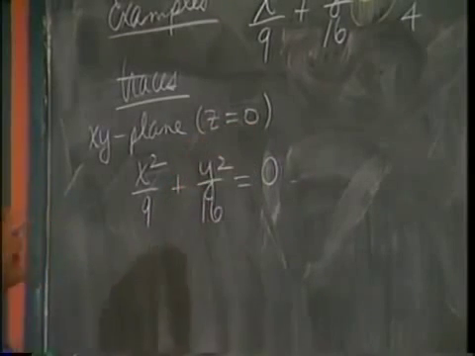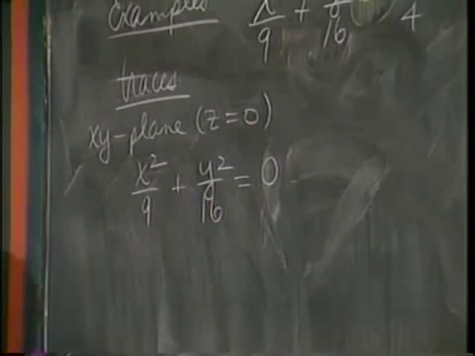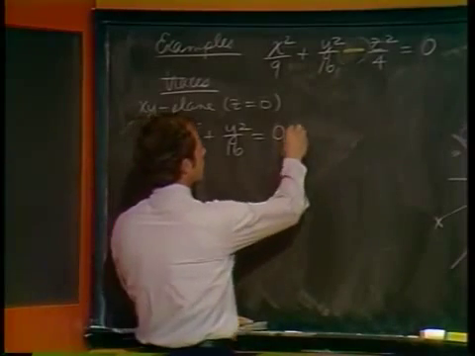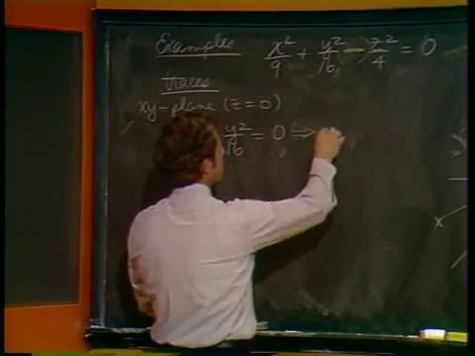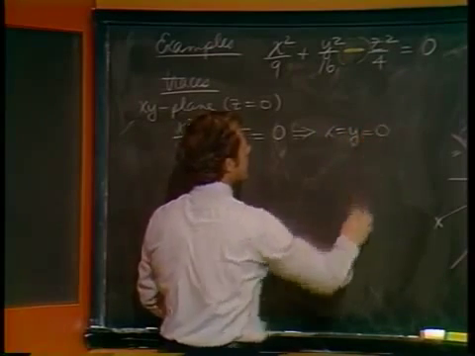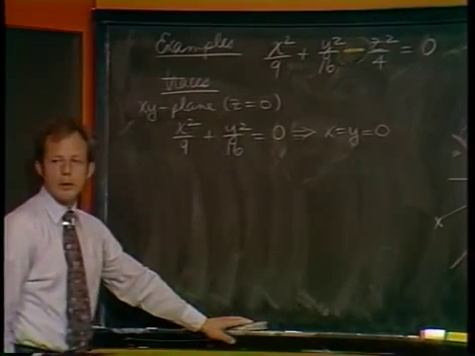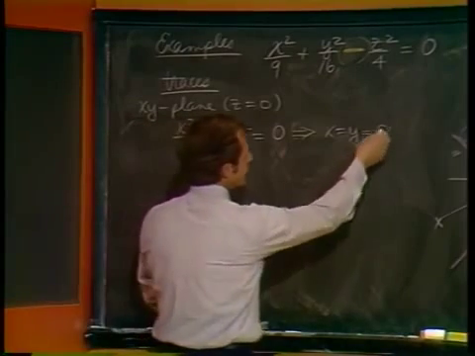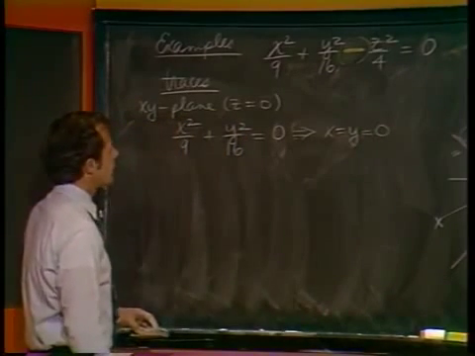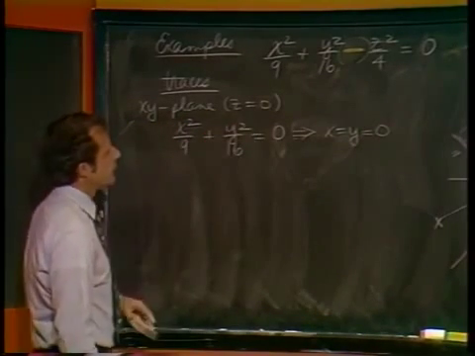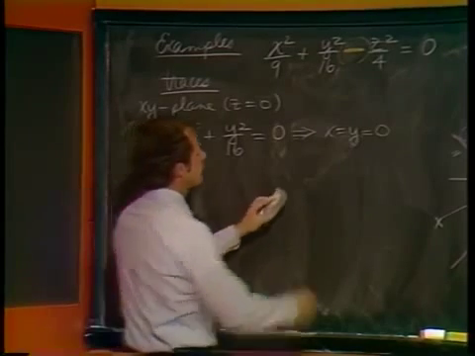We do not get the same green picture because we changed it to a 0. What's that going to be? It's kind of like the paraboloid. There's only one point, the origin. X equals y equals 0 in the z equals 0 plane, so that's the origin.